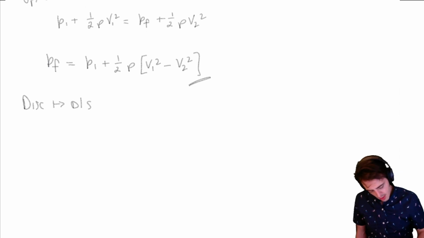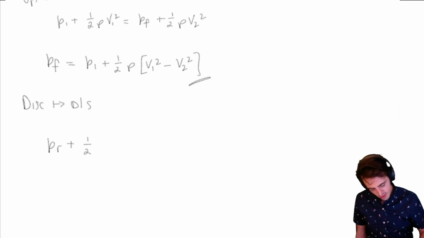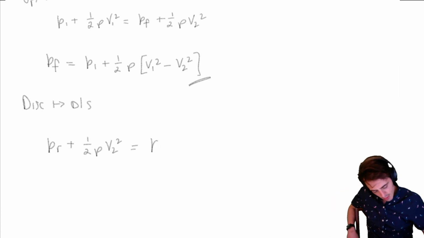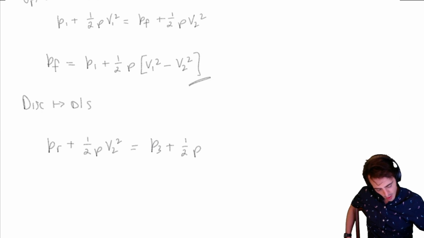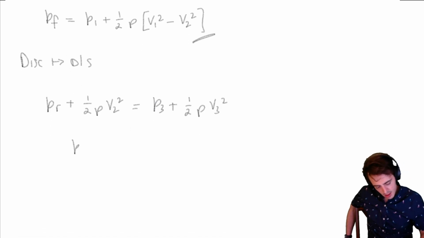And we're going to say, well, we've got at the disk, we've got the pressure on the rear side plus a half rho V2 squared is equal to the pressure at 3 plus a half rho V3 squared. We're going to do the same thing that we did before. We're going to rearrange for PR.